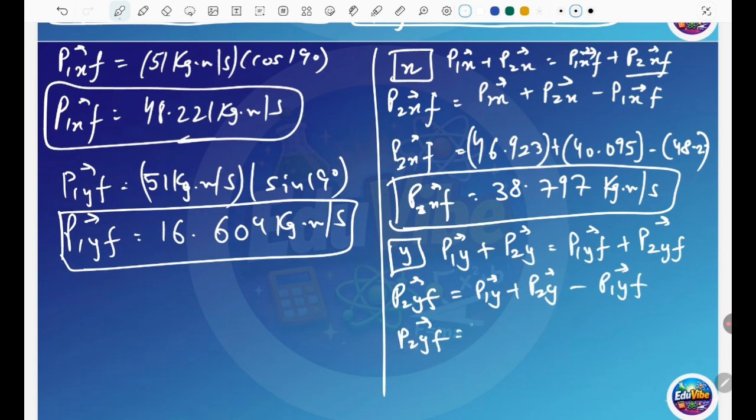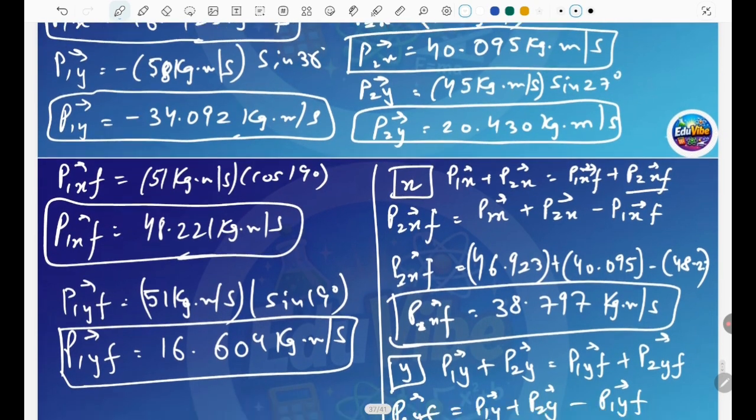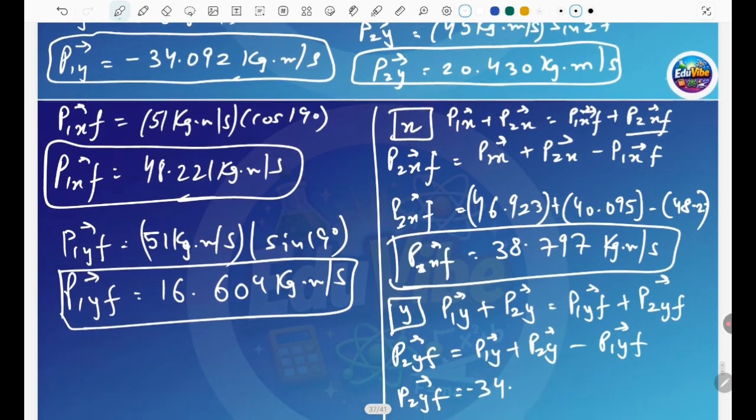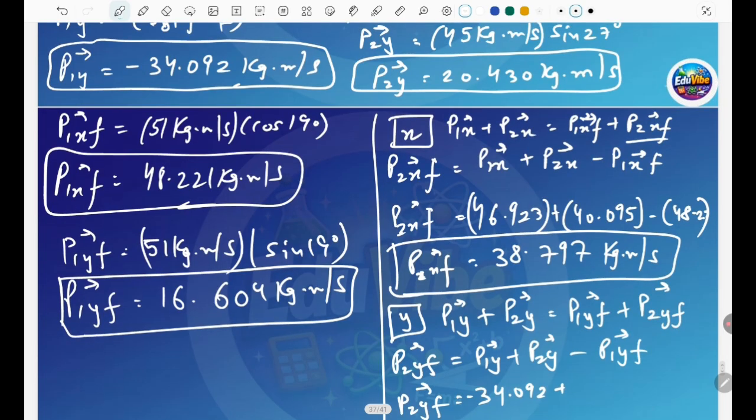That P1y we have about 34, and this is negative, so we have to take this negative, which is 34.092 positive plus 20.430 negative of 16.604.